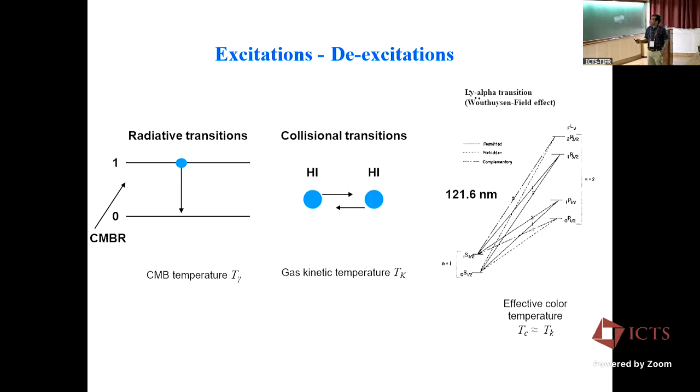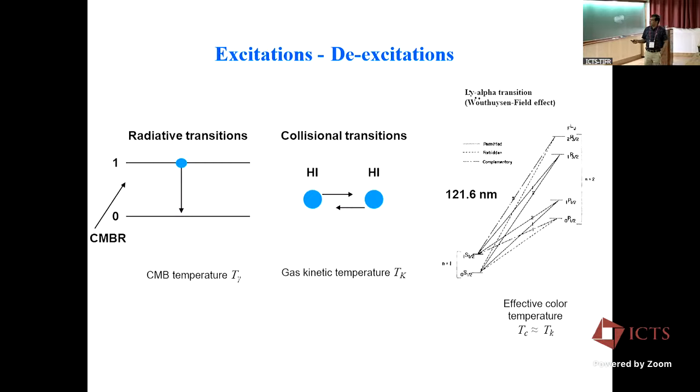And for the Lyman alpha transition, let's say you have a Lyman alpha photon in the medium. What the Lyman alpha photon will do is excite one ground state atom to n equal to 2, that means the first excited state of the hydrogen atom. It will go to either of these hyperfine states, but then it will come back to the ground state again.